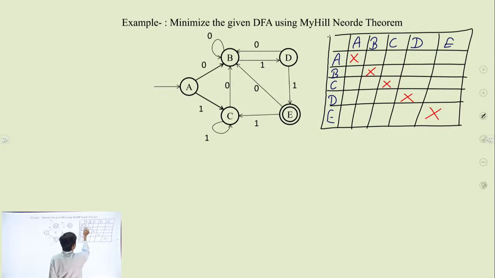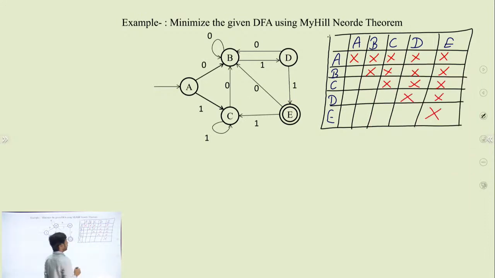Either we check the upper triangular matrix or the lower triangular matrix. So let's check the lower triangular matrix. We mark all these crosses, no need to check the upper triangular. Either you can check the upper triangle or the lower triangle. Okay. So let's check the lower triangular.